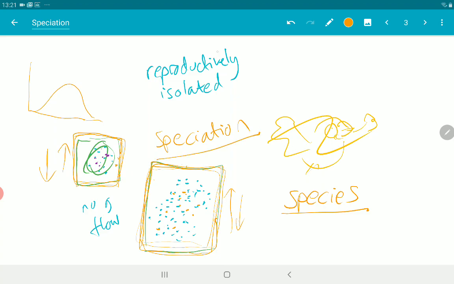Speciation happens when you have reproductively isolated populations that remain reproductively isolated for a number of generations. Quite a large number usually, but there's no fixed number. This is how we end up with new species. So you'll start with a population, and then at some point, time is moving in this direction.